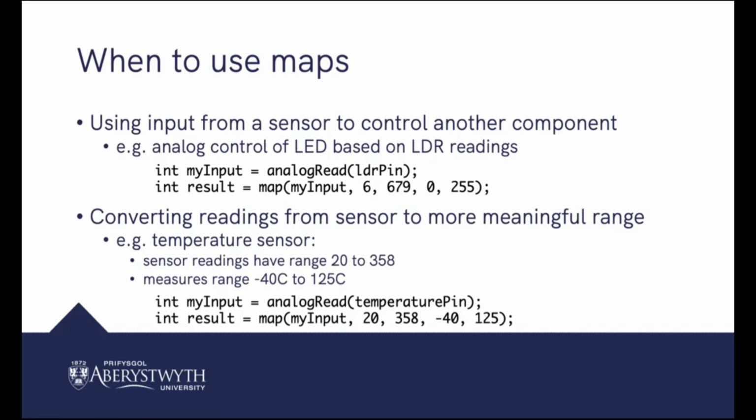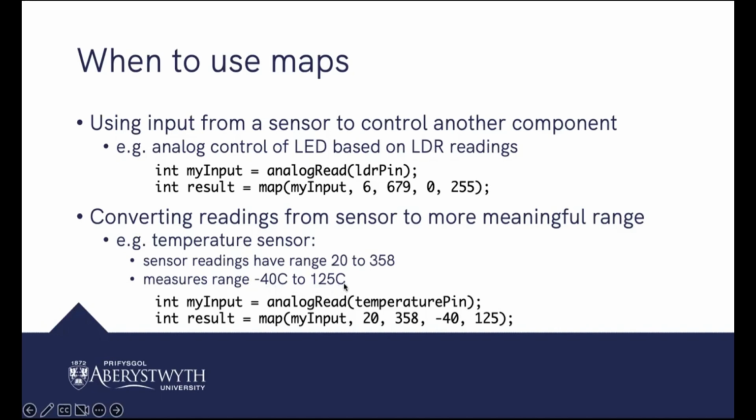But what does that mean? Well, the temperature sensor in Tinkercad simulates a sensor that measures temperatures in degrees Celsius from a range of -40 degrees Celsius all the way up to 125 degrees Celsius.